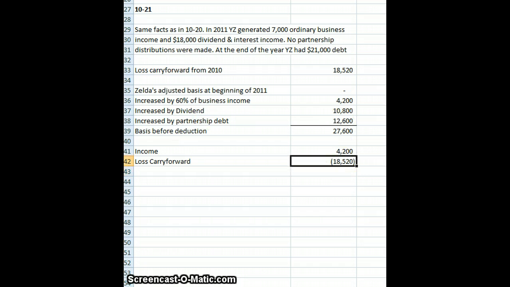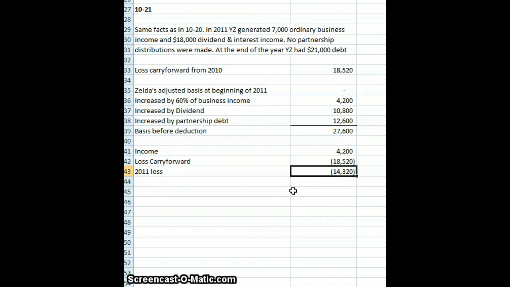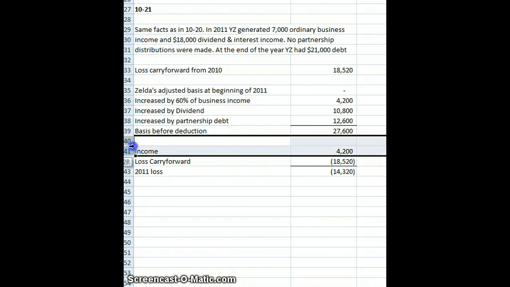So this means that we have 14,320 that will be our 2011 loss that we can put on our taxes: 14,320.